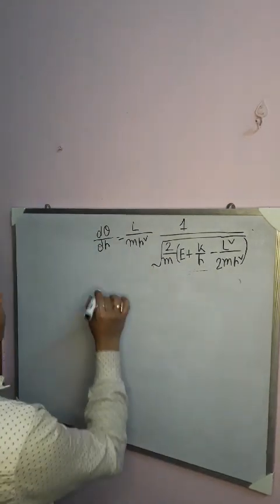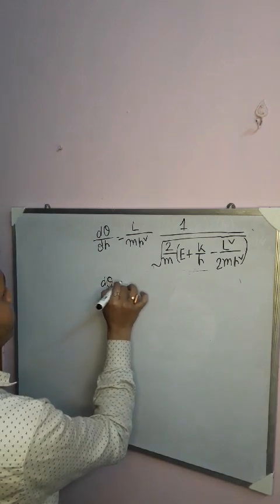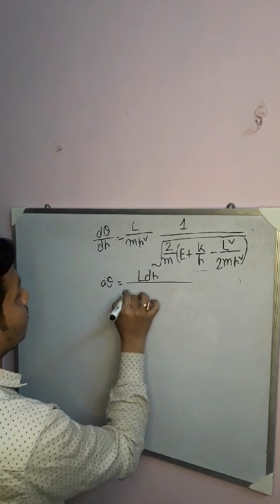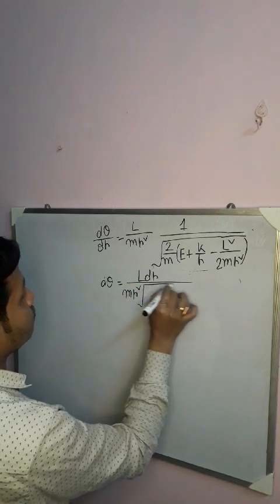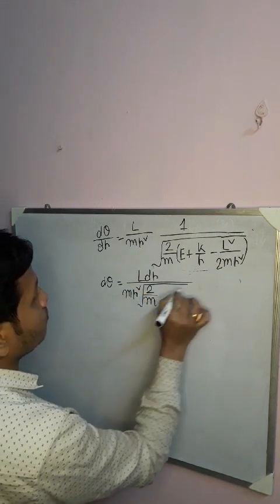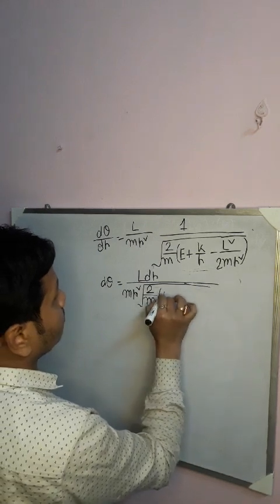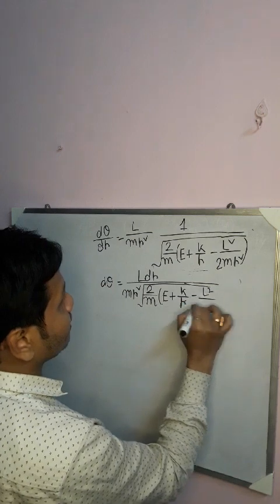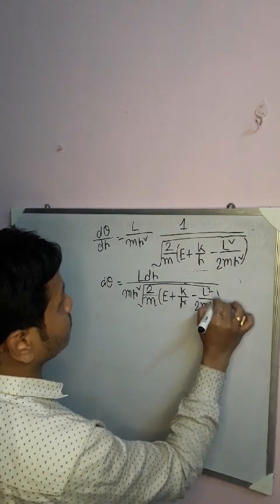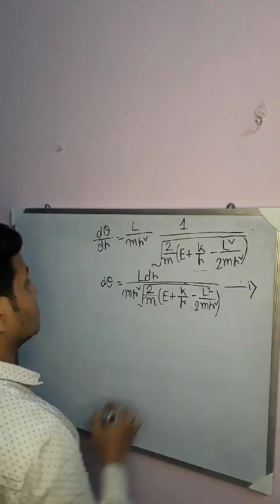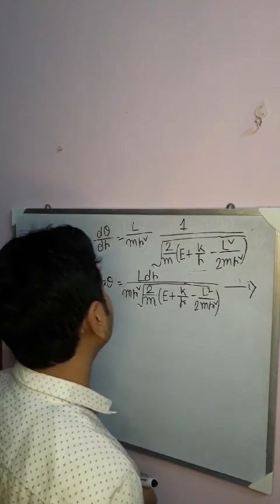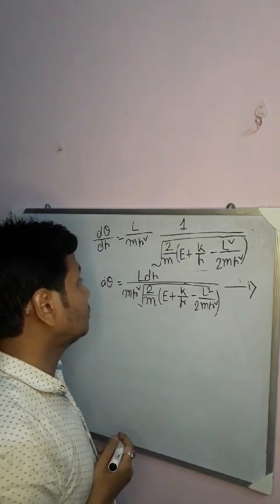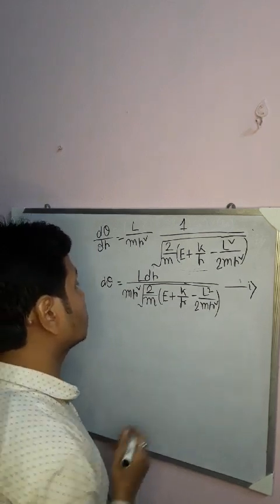So what will be my d theta? Simply this is L into dr by m r square root of 2 by m into E plus k by r minus L square by 2mr square. Now we have to do a slight conversion of variable.